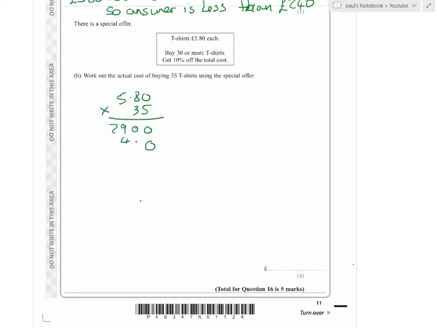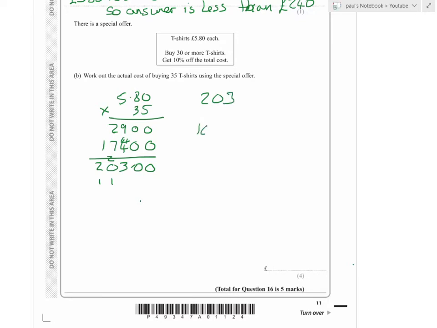So 3 noughts are naught, 3 eights are 24, and 3 fives are 15, 17. So add all that together. 2, 9, 10, and 2. 203. So we've got £203.